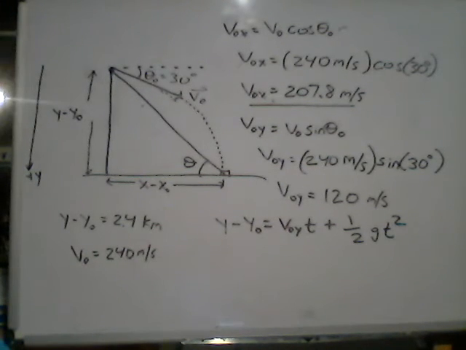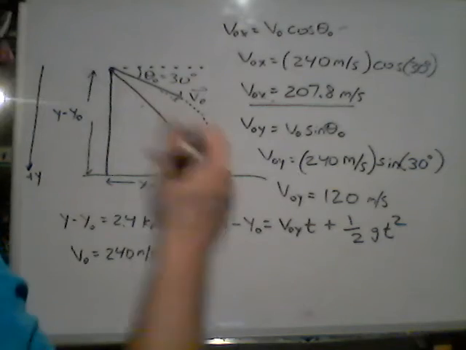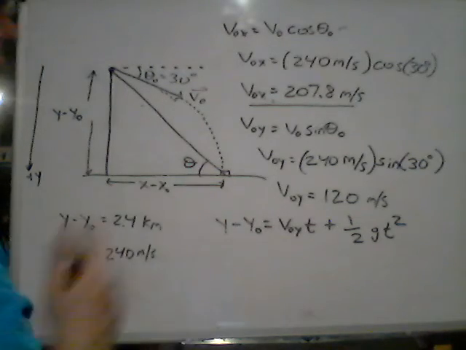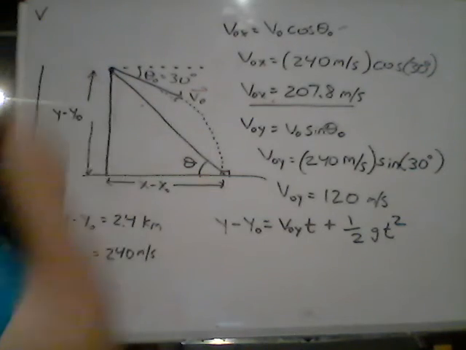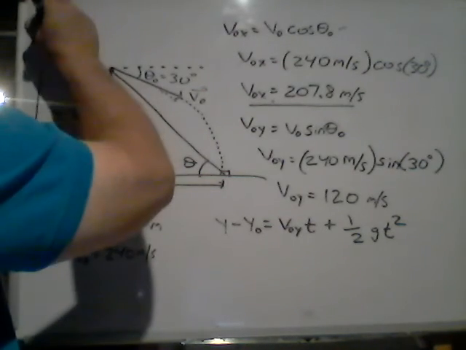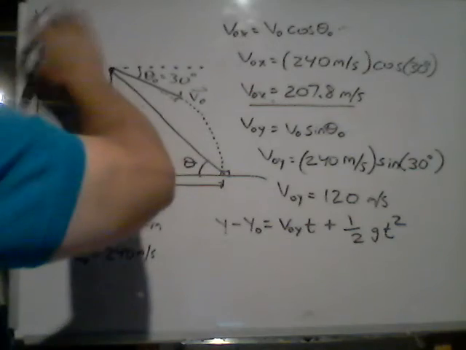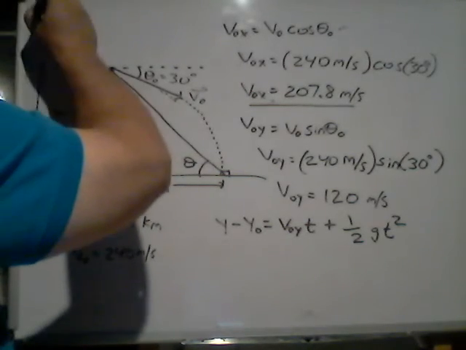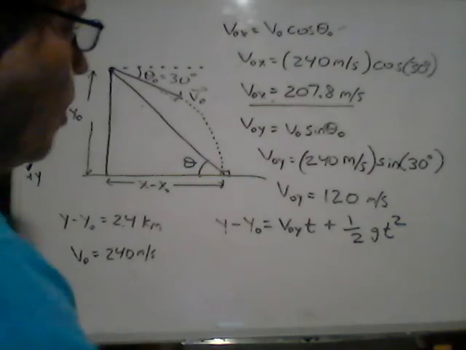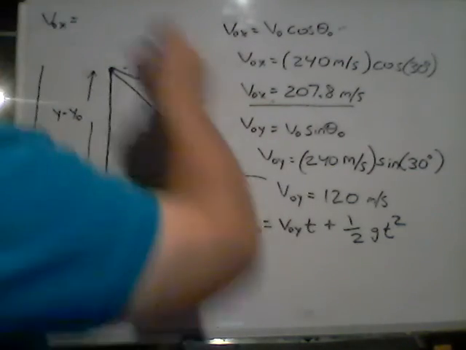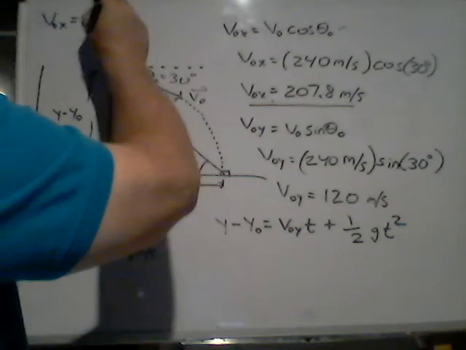If I solve the quadratic equation, I need real estate here, so let me note down what I have. I know v naught sub x, let's just write down what I have determined so far: 207.8 meters per second.